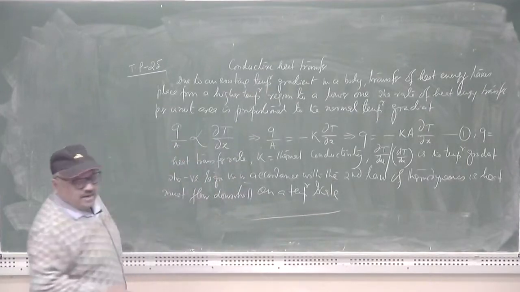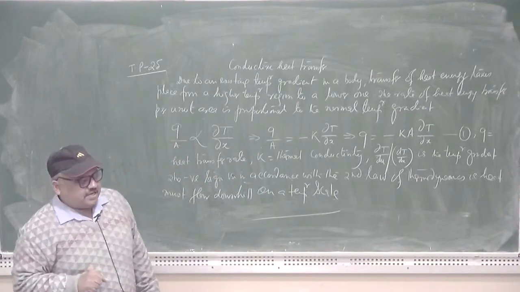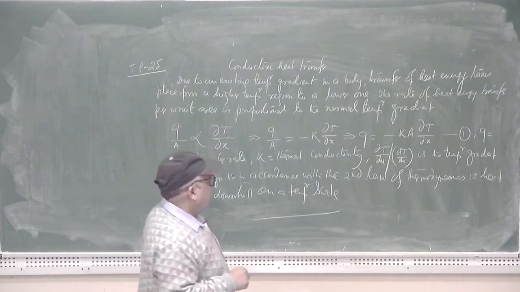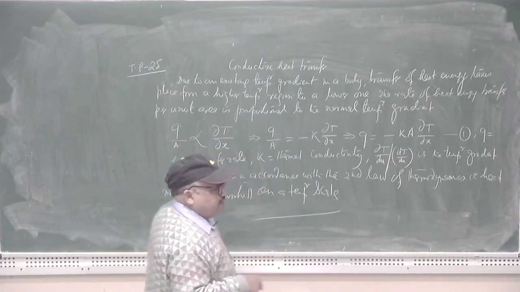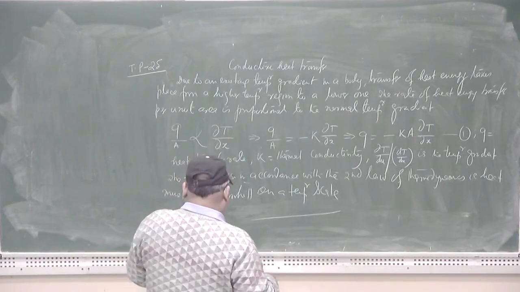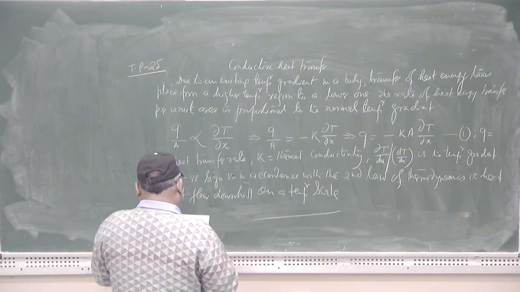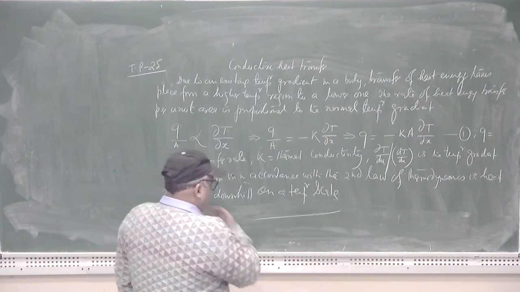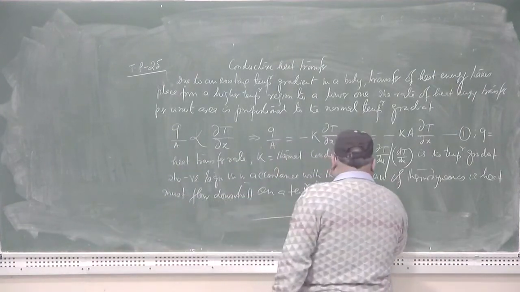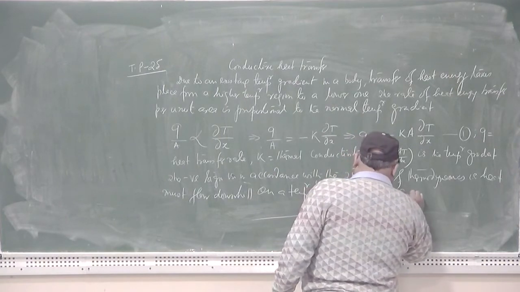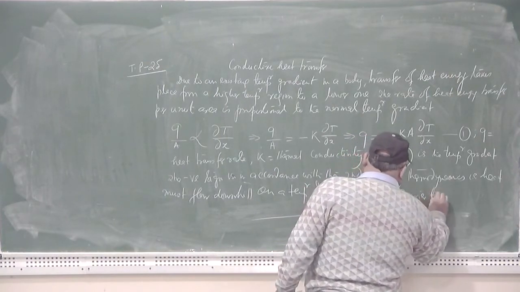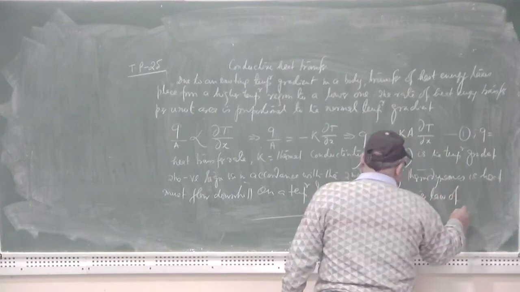This is the most fundamental equation of conductive heat transfer, and it is usually called the Fourier law of heat conduction. So, equation number 1 is called the Fourier law of heat conduction.